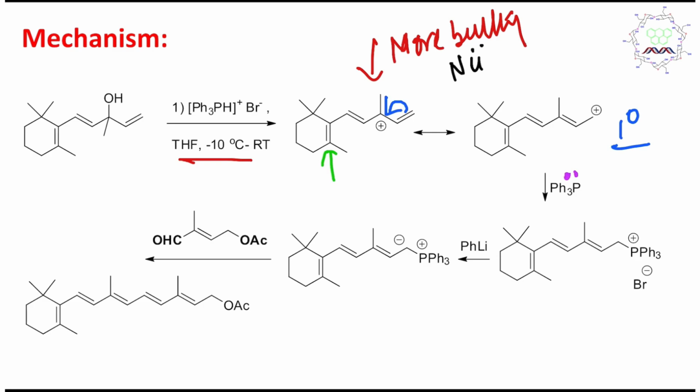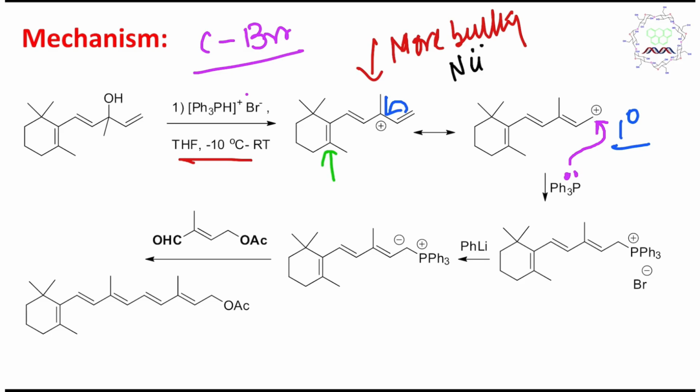Now here the triphenyl phosphine is softer in nature, so it attacks here. Now students, you may think, sir, in this case why didn't bromide react? Bromide is also a good nucleophile. It's true that bromide is a good nucleophile, and let's consider that it produces the C-Br bond also.